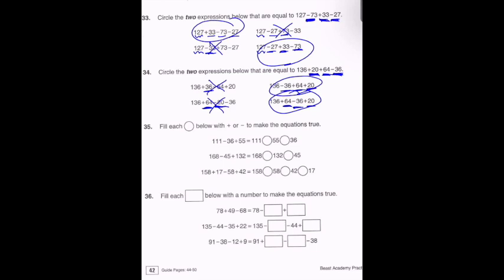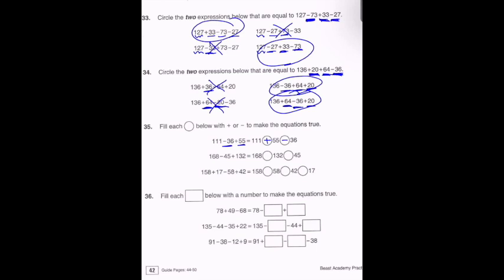The next problem says fill each blank below with the plus or minus sign to make the equations true. So we have 111 minus 36 plus 55. So since we're adding 55, a plus sign is going there, and we're subtracting 36, so it's going to be minus 36.